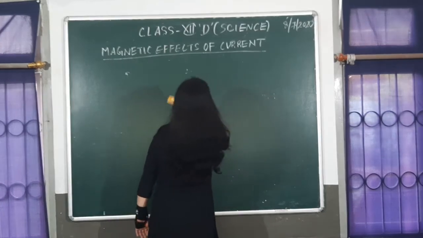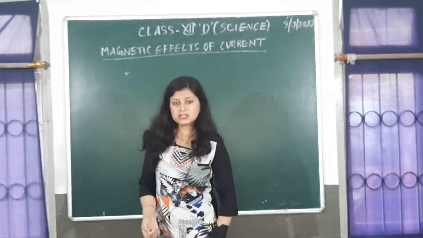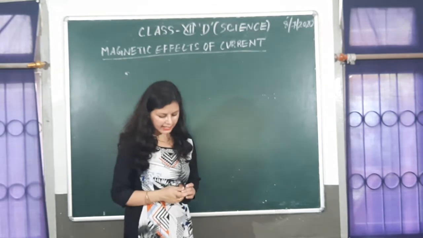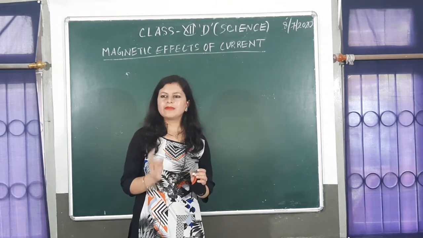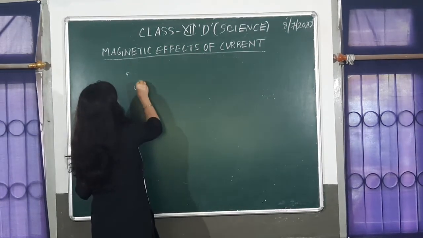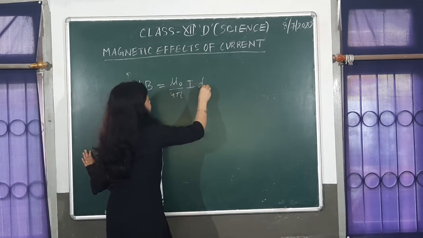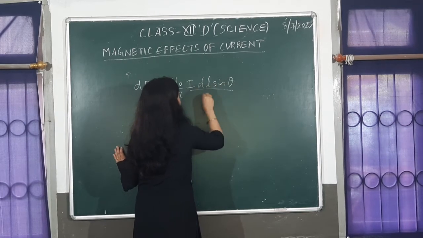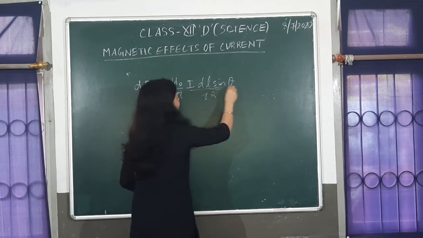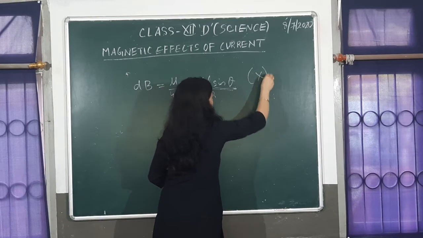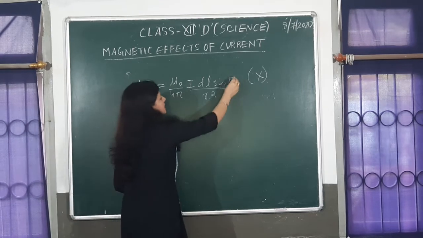So Biot-Savart's law, the expression I will be telling you in SI only, is dB equal to mu naught by 4 pi I dl sin theta by r square. Now the same law can be written in vector form also. dB in scalar was mu naught by 4 pi I dl sin theta by r square. Now if I want to write this in vector form, you know sin theta denotes a cross product between 2 vectors. Which 2 vectors? Here you have to take this theta into consideration.